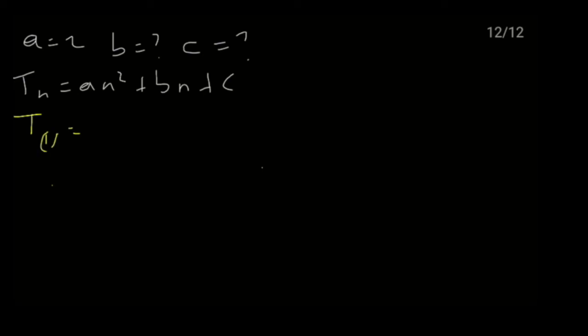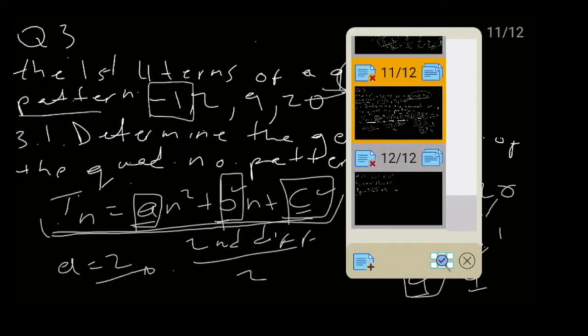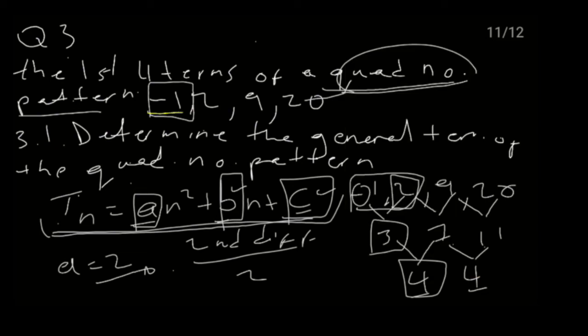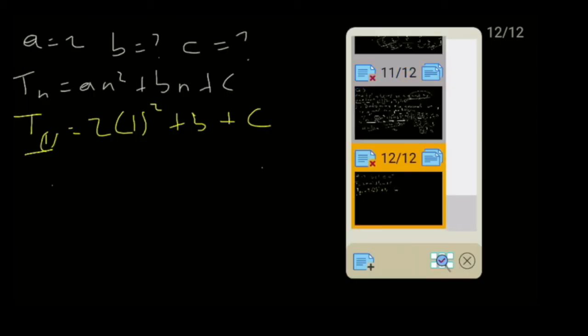Tn equals, remember we just found out our A, which is 2, and then first term squared plus B times 1, I'm just going to write it as B plus C, right? Our first term is -1. Let's double check. Our value for first term is -1.